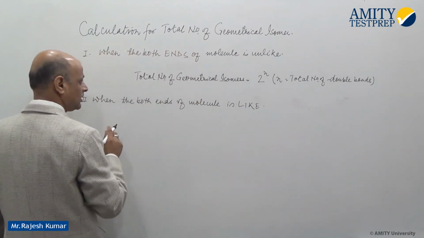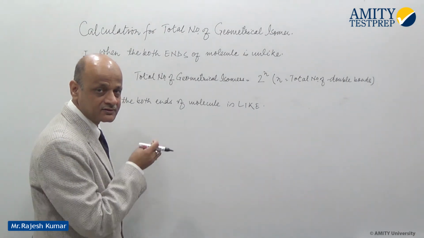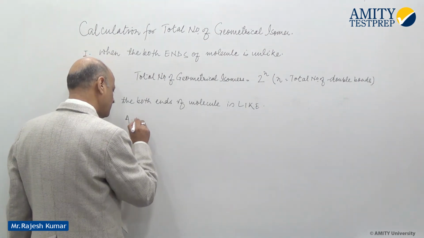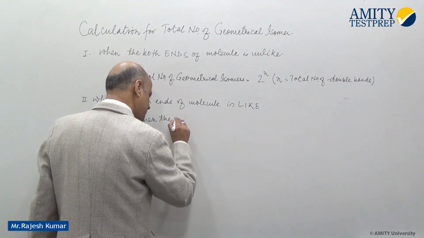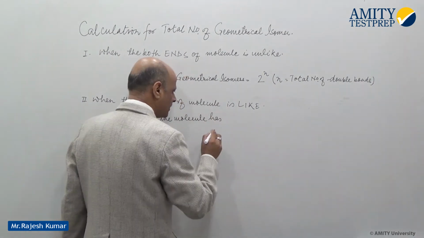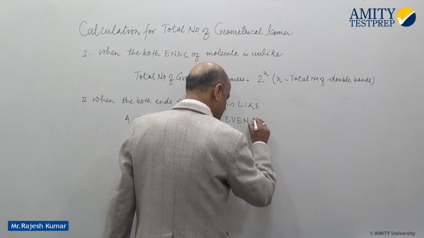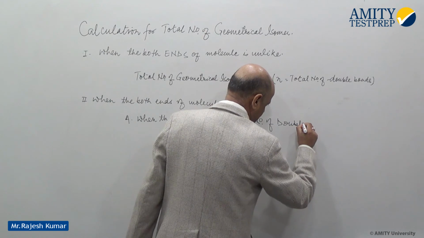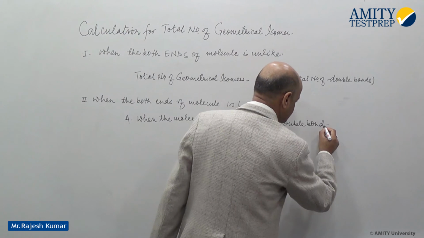For this type of molecule, to calculate the total number of geometrical isomers, we can categorize into two types. First, type A, when the molecule has an even number of double bonds.